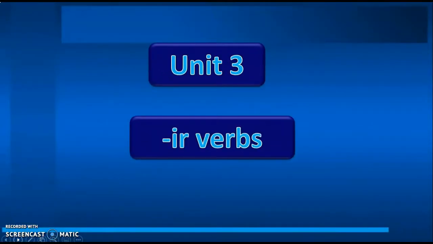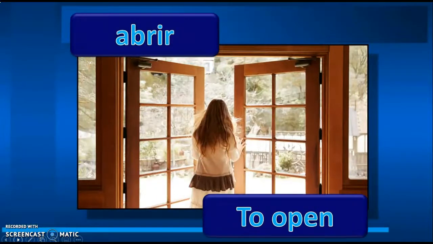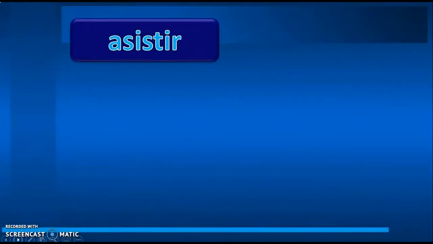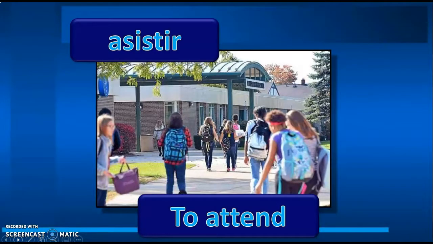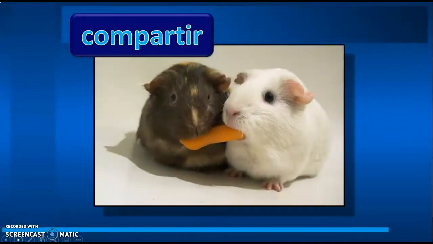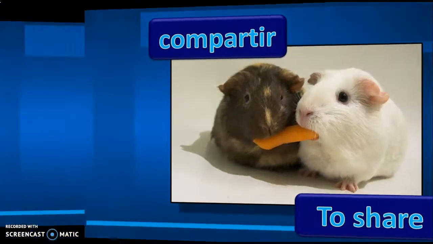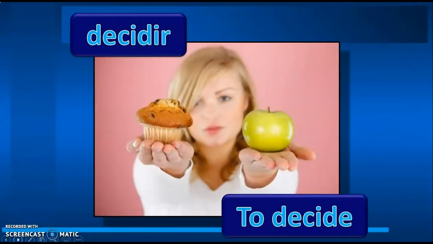So here are the IR verbs that are on your list now. All of these end in an IR. Abrir, to open. Asistir, to attend. Compartir, to share. Decidir, to decide.